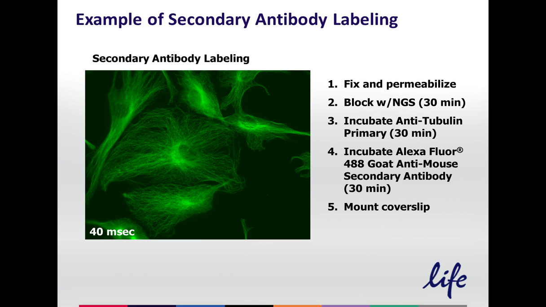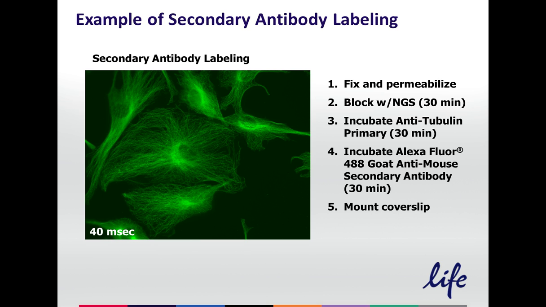Okay, here's an example of some cells that have been labeled with a secondary antibody. Again, this is tubulin, as with before. If you remember, the directly labeled antibody had an exposure time of 500 milliseconds. Here we have the same objective, but now it's only 40 milliseconds. So you can see it's much brighter than the directly labeled.